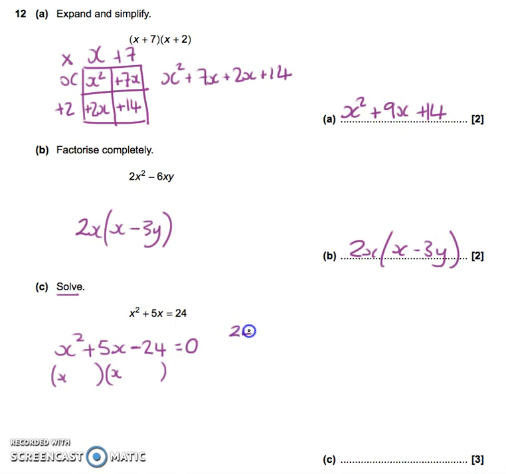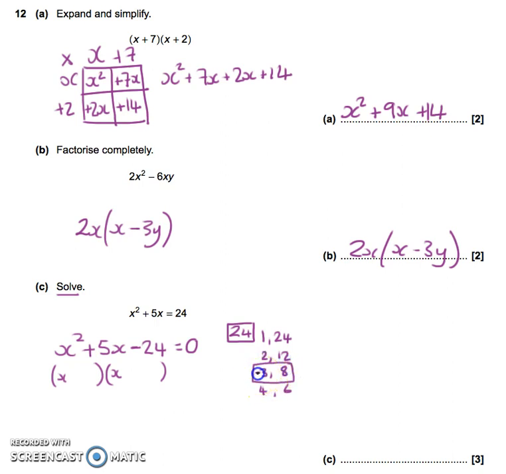So let's think about the factors of the constant, the number 24 at the end there, that are 1 and 24, 2 and 12, 3 and 8, 4 and 6, and that's it. So there's our factors of 24. If we list those factors, we're going to find a pair of factors that multiply to make minus 24, but add to make positive 5. And I can see that 3 and 8 have got a difference of 5.